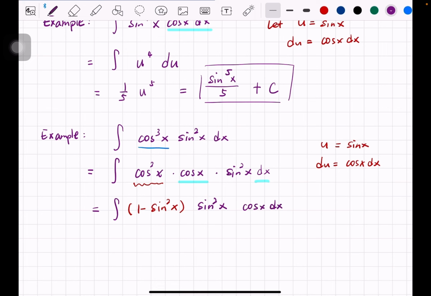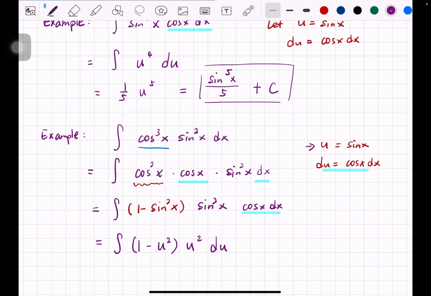And cosine x dx will be replaced by du. So after the u substitution, we get 1 minus u squared times u squared du.